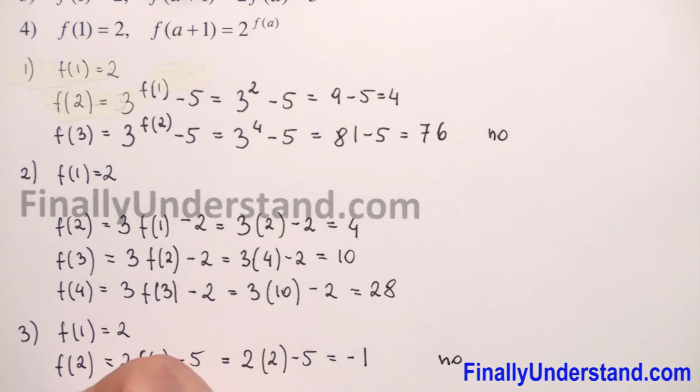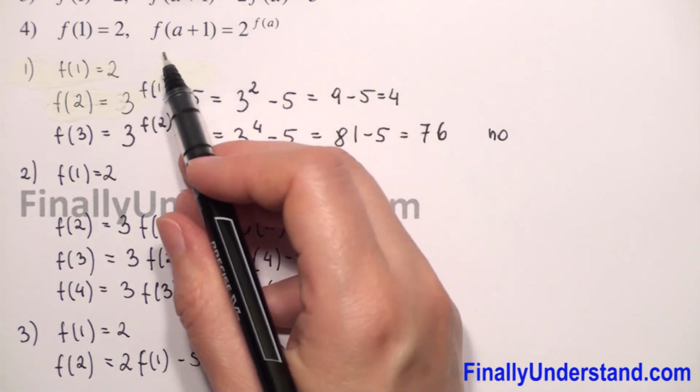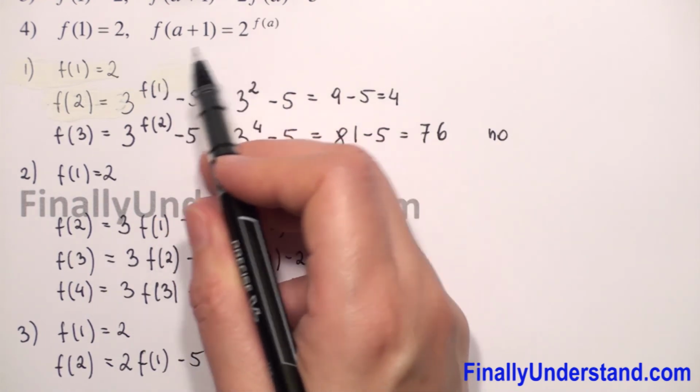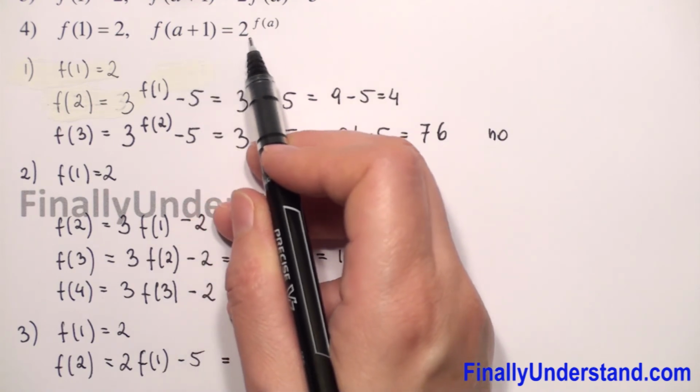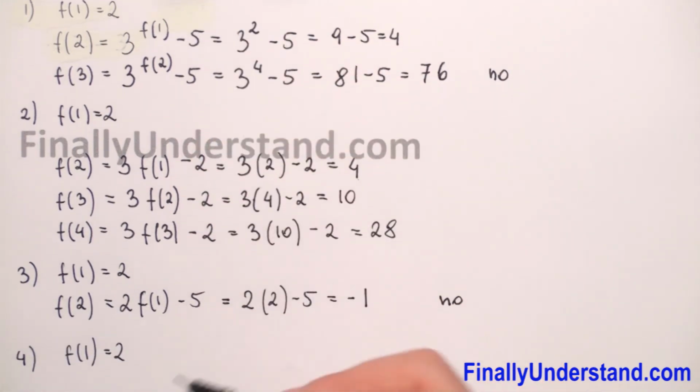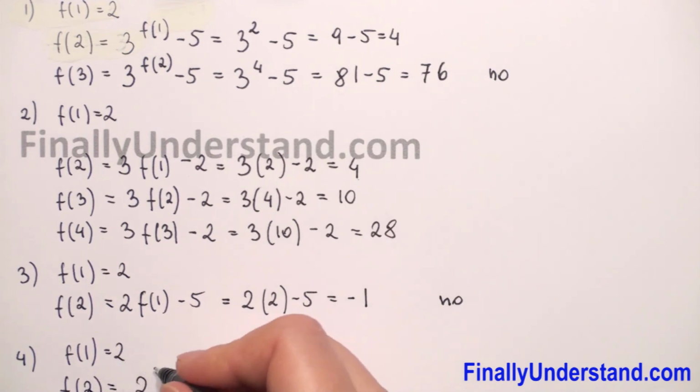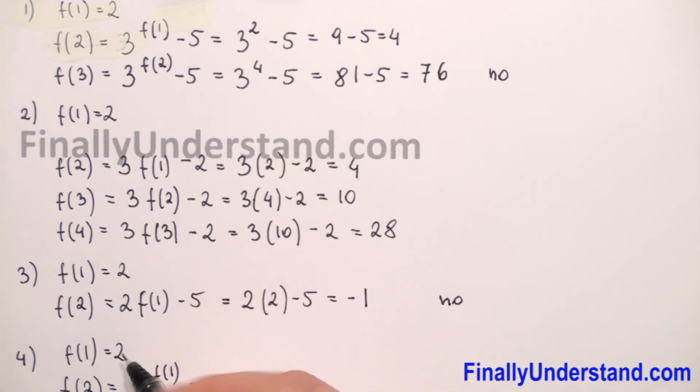And let's check the last statement. The first term is given, and the next term is defined by this formula. So this is 2 to the power f of a, the term before. So f of 2 will be 2 to the power of the term before, f of 1. So this is equal to 2 to the power 2, because f of 1 is 2.